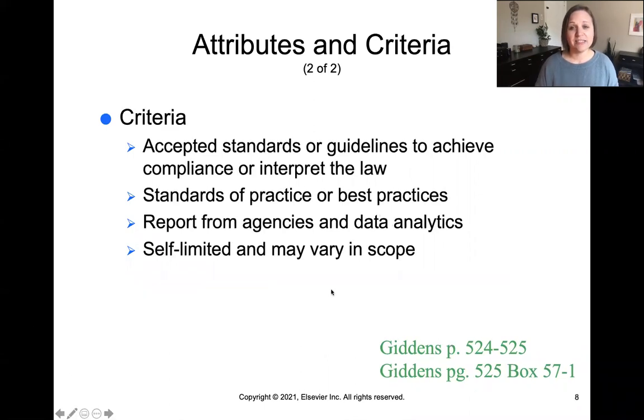Let's take a look at the criteria for healthcare law. So let's face it, the people who make our laws, judges, legislators, they're not healthcare people. And so as they make these laws and they come up with these decisions, they really depend on professional organization codes and standards of practice to influence what makes it right or wrong.